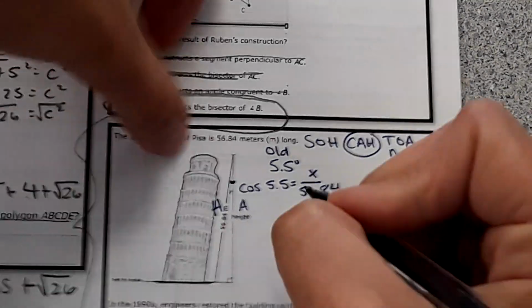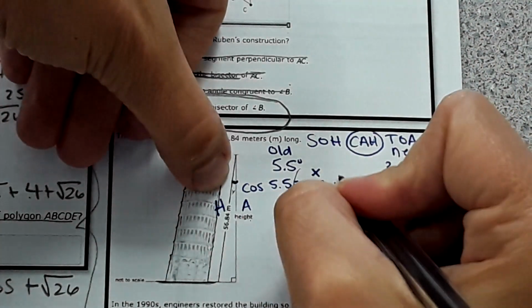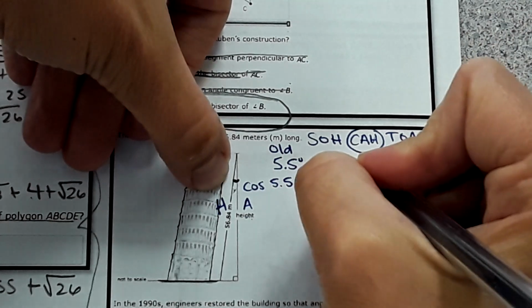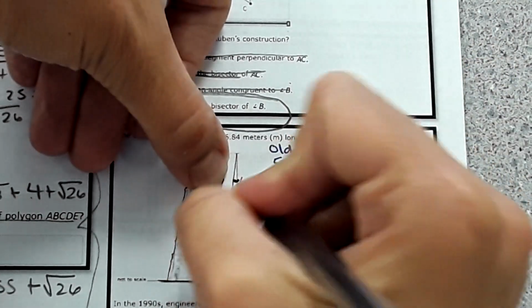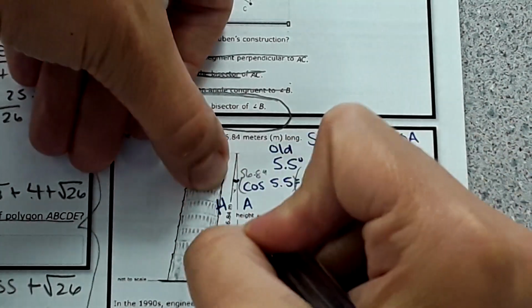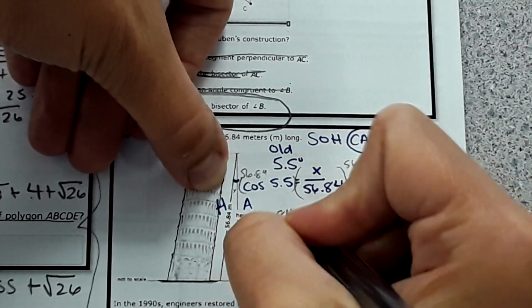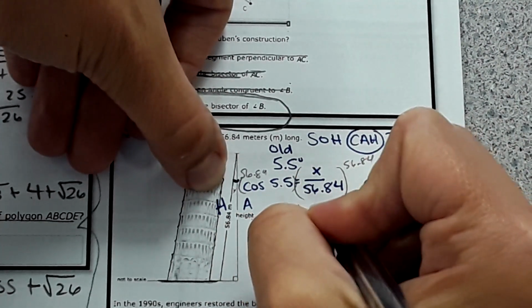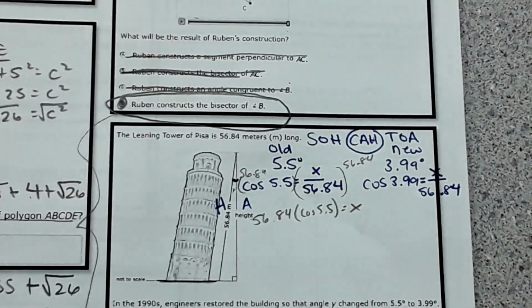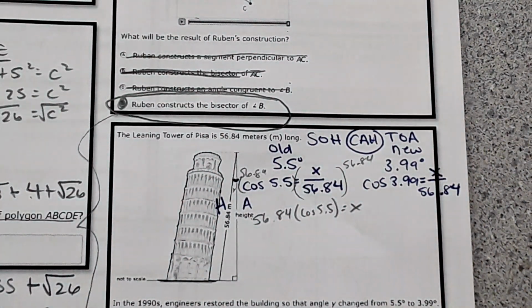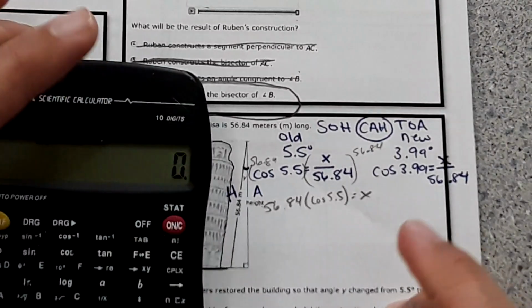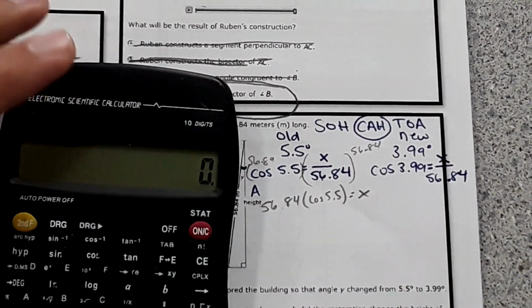Then we're going to solve this. So to start, we're going to multiply both sides by 56.84. So it'll be 56.84 times cosine of 5.5 equals x. In the calculator, and make sure whichever calculator you're going to be using on the test, you can plug it in correctly to get the correct answer.